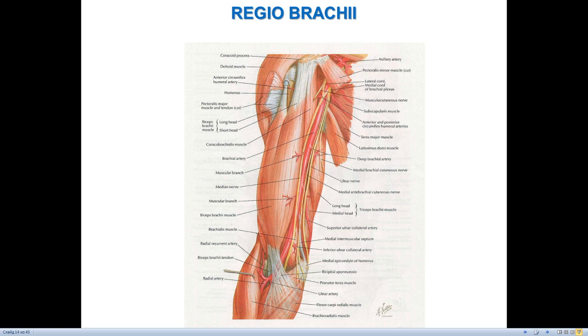It is called vena basilica. It joins into the brachial vein or sometimes the axillary vein.